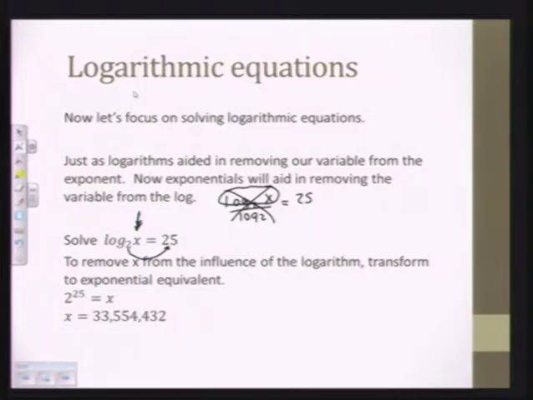Now let's look at some that get a little more complicated. In our second example, we have the common log. Remember, no base is identified, so this is the common log, or the log base 10, of 3x minus 2 altogether as a unit equals 2.